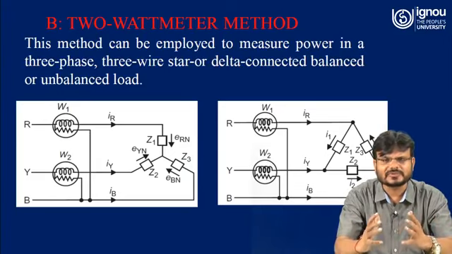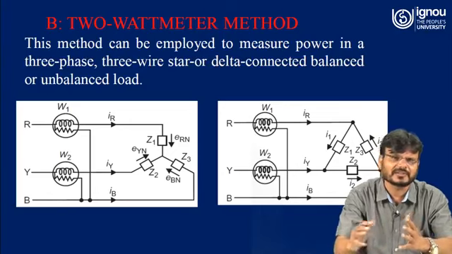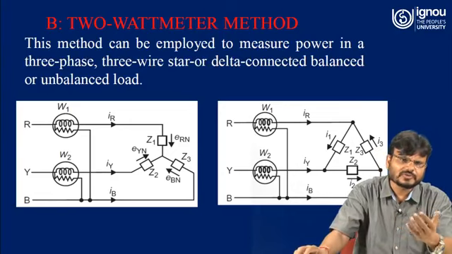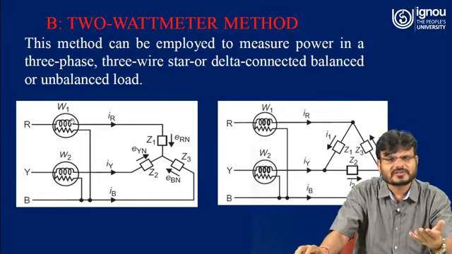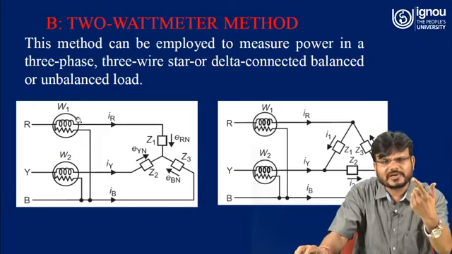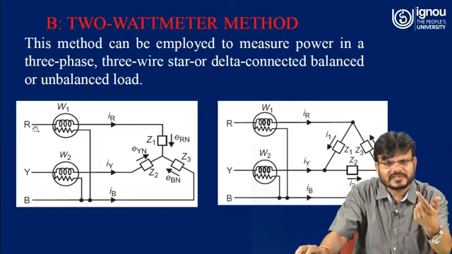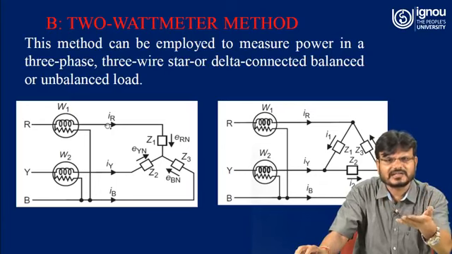This wattmeter will give you the instantaneous power. If you want to find the value of the power in W1, the first thing you have to find out is the current flowing through the R phase, and this current is IR, right?